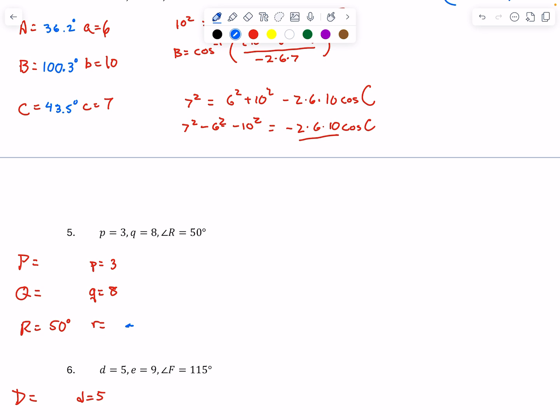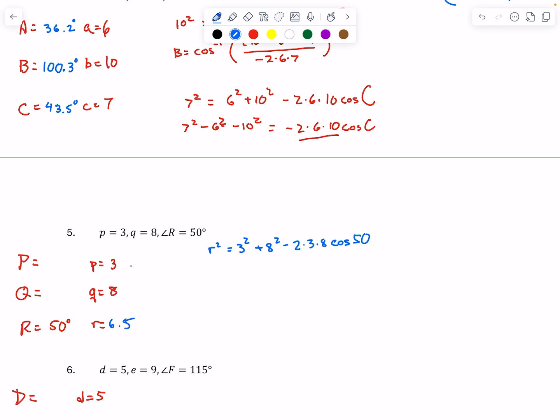Again, if you have an angle, find the side across from it first. And again, that's all one number. Take its square root. Let me get rid of the arrow first. Okay.